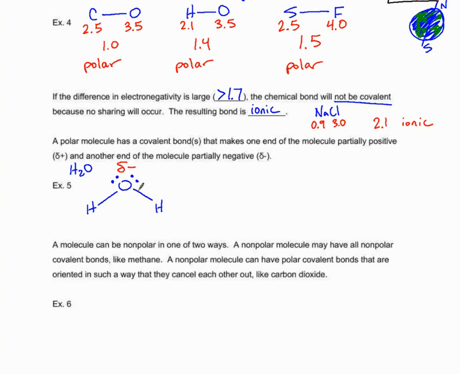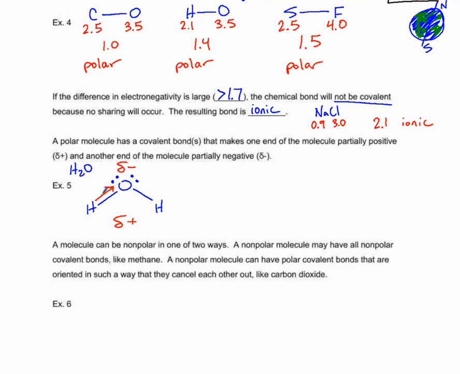So we end up with a little bit of a positive end, which makes all of this partially positive, because the electrons are going away from it, and it leaves it with a lack of electrons, which would be positive. Another way to show this is with this little arrow here.